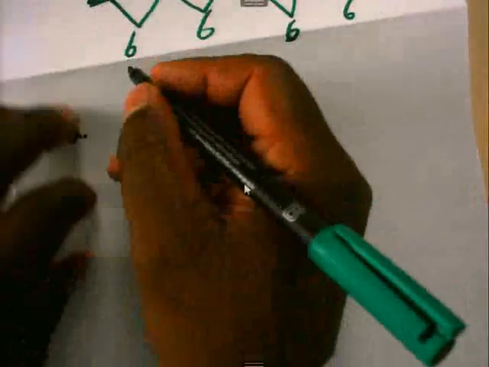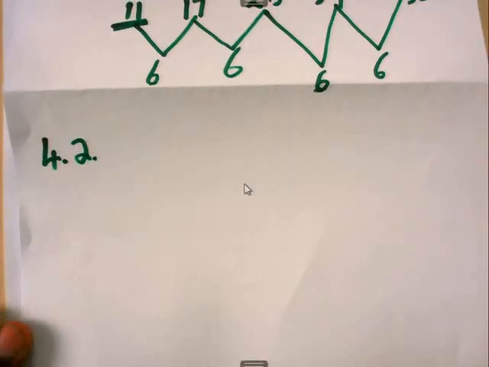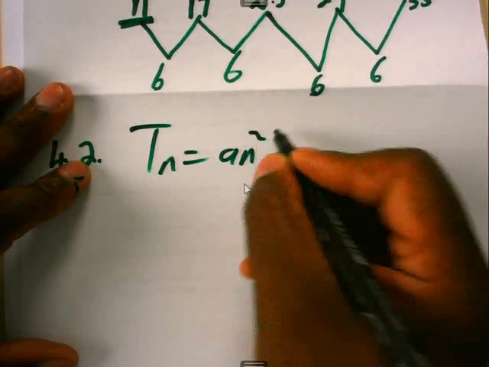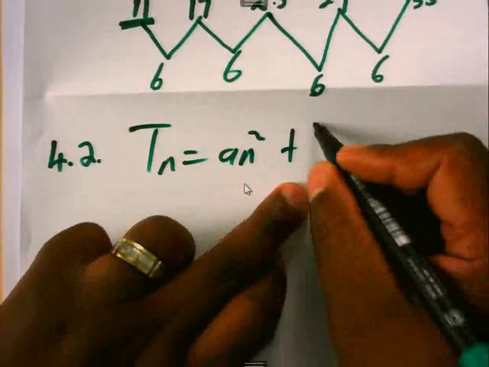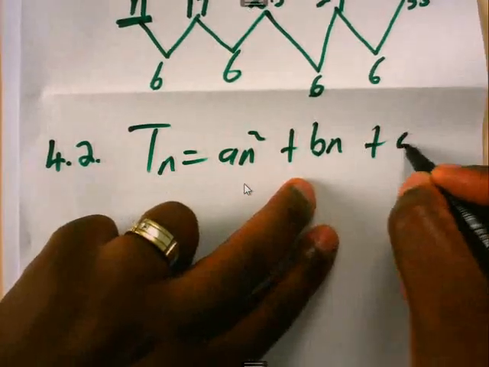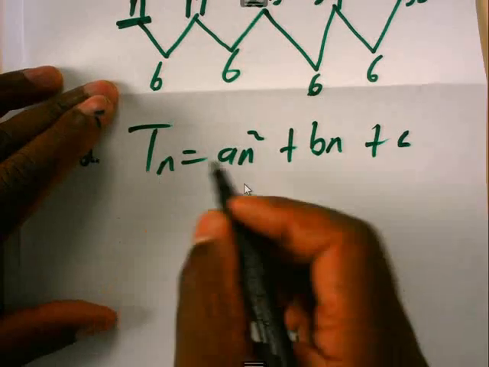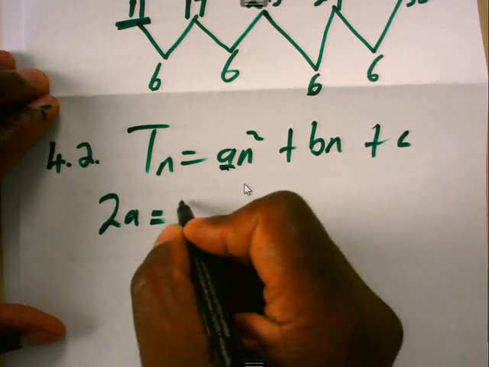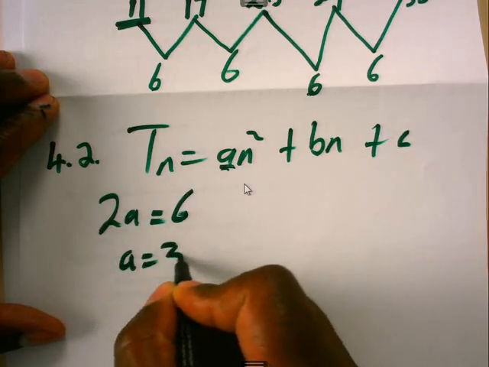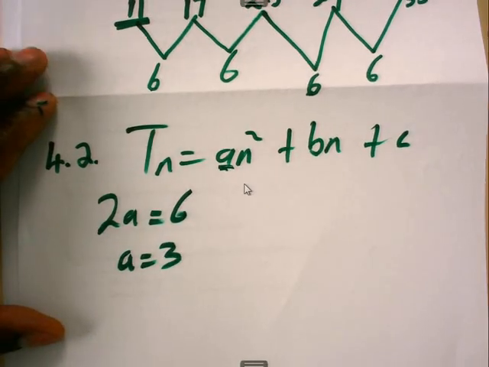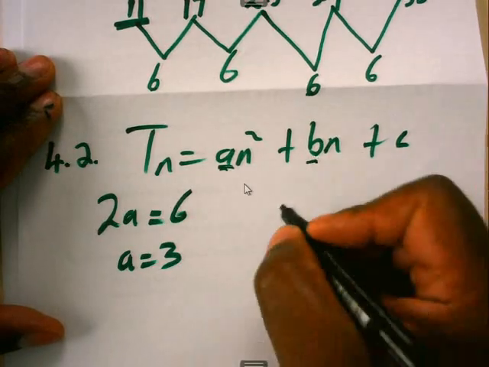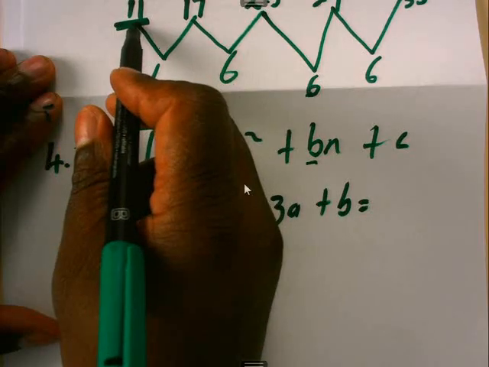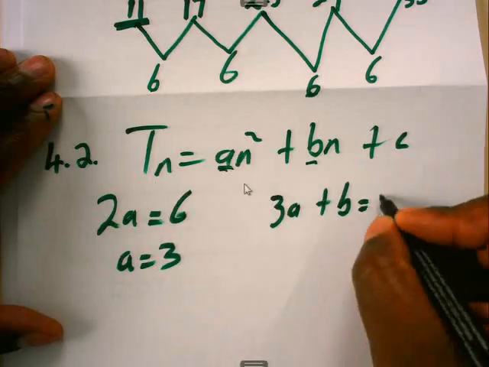Remember we said the nth term of a quadratic number pattern is given by Tn equals an squared plus Bn plus C. To determine A, we said 2A is equal to the second difference. Our second difference is 6. Therefore, A equals 3. I hope you are all happy with that one. Let's determine B. We said 3A plus B equals the first term of the first difference, which is 11.